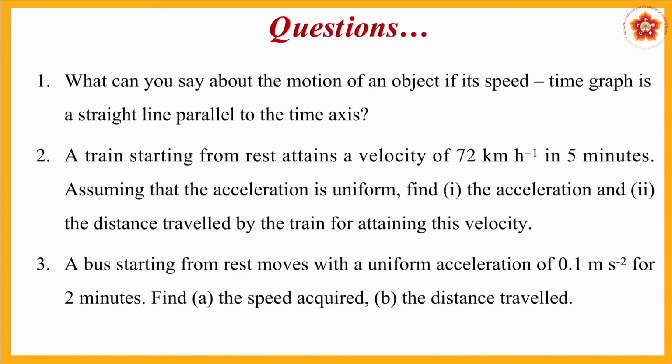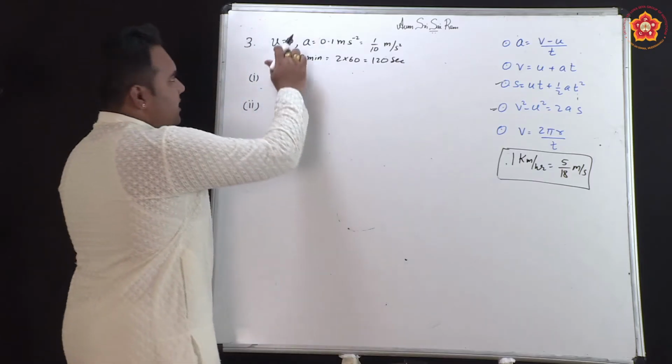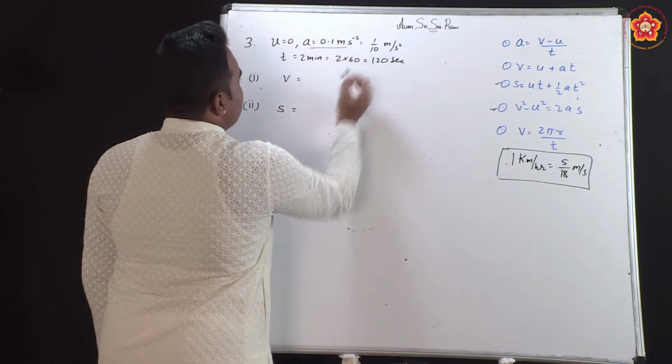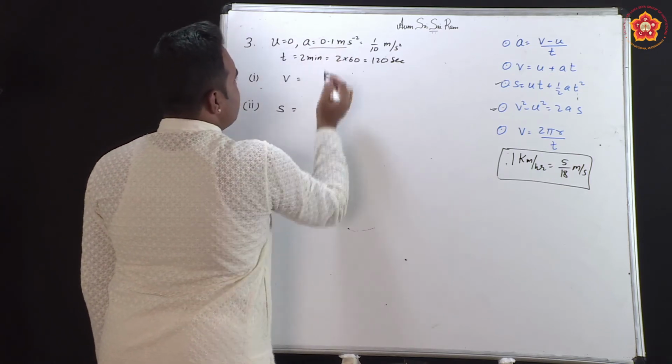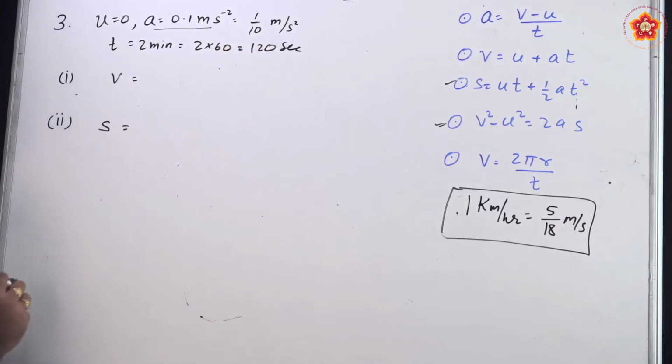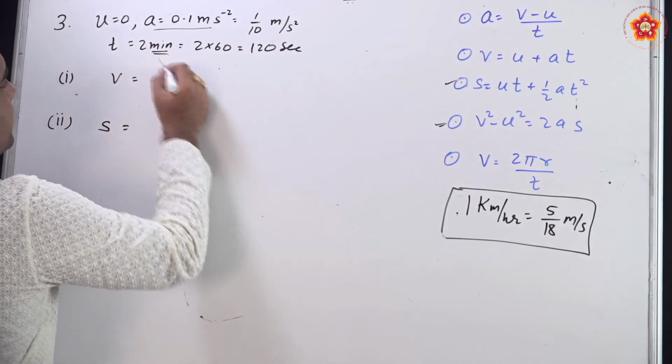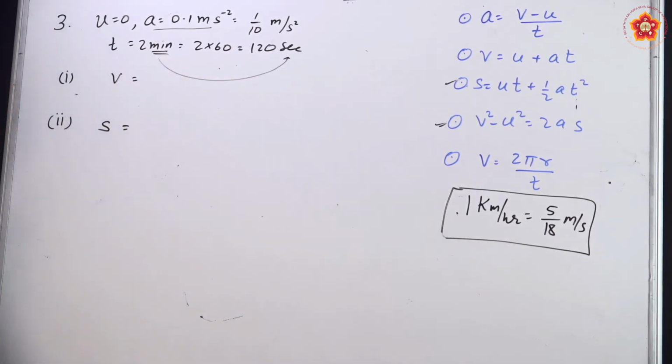Now, whenever we see this word starting from rest, we know that the initial velocity is 0, u is 0. Acceleration is given 0.1 meters per second square or 1 by 10 meters per second square. Time is given in minutes. So, what do we do? We convert it into the SI unit seconds.